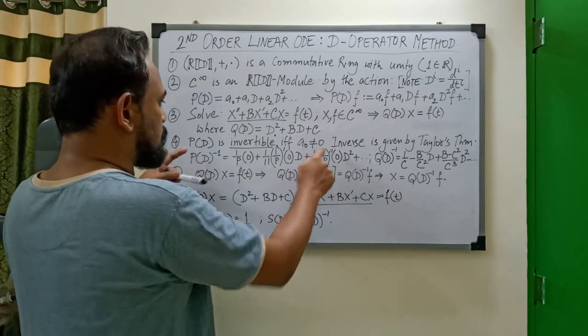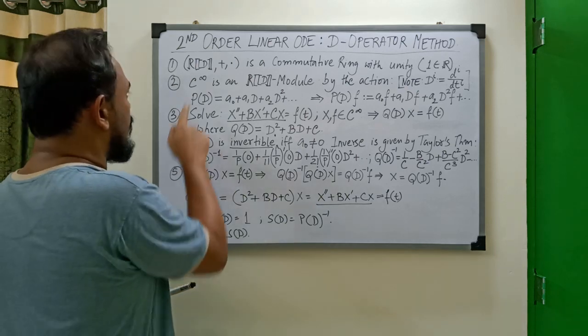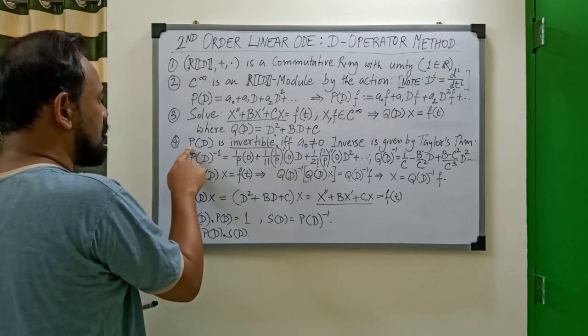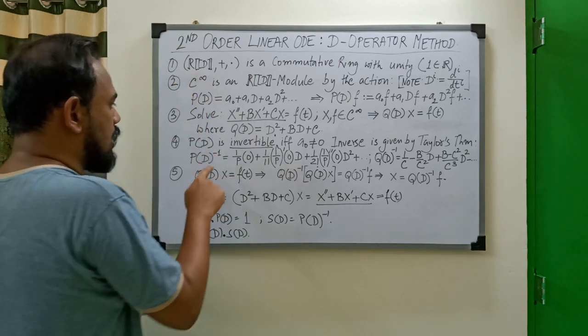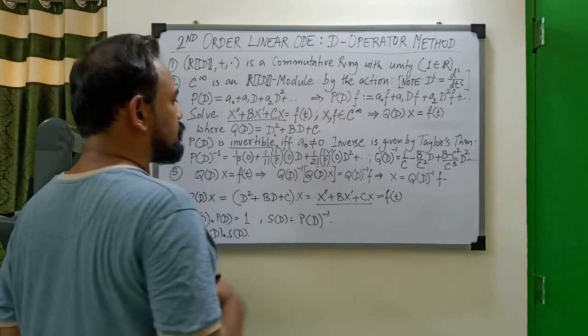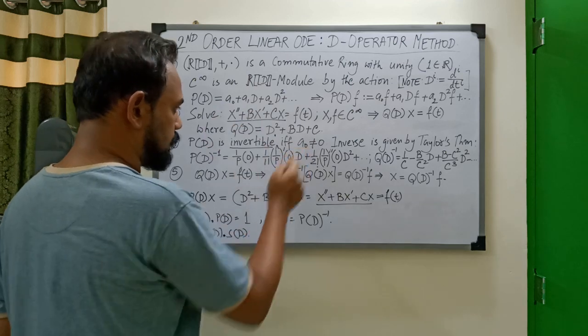There is a result that I'm quoting here. The result is that any P(D) from RD will be invertible with respect to multiplication if and only if the constant term in it, that is A0, is not 0.